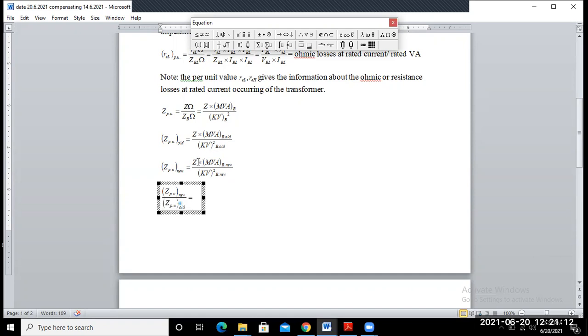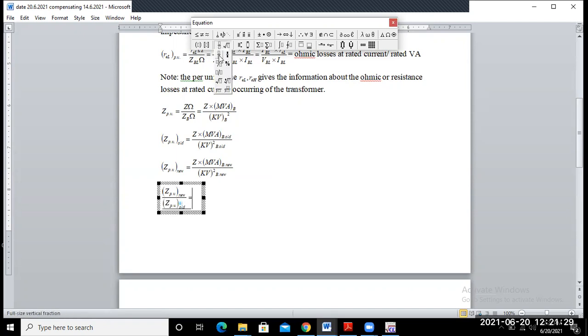So this value of Z and Z is cancelled out. So we can just write here MVA base new divided by MVA base old.